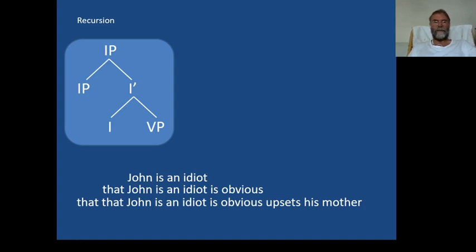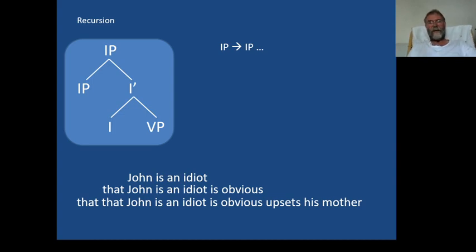Our knowledge of grammar tells us that IPs can be in the specifier of IPs, and that's a recursive kind of thing. Basically, what recursion is all about is rules where we have the input appearing in the output of the rule. So here we've got a rule that says an IP contains an IP.